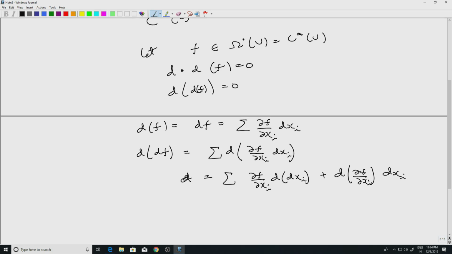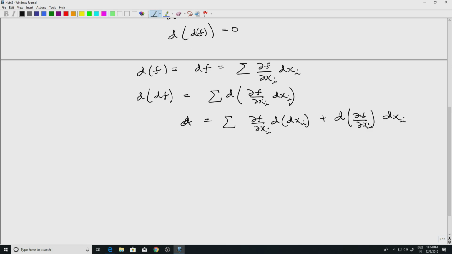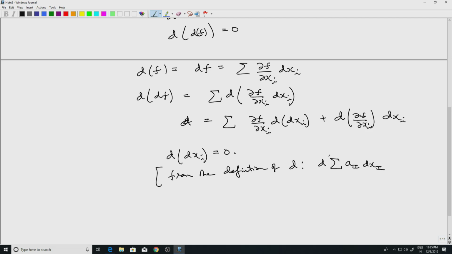Now, d of dxi is 0. This is simply because of the way we had defined d: any form can be written as the sum of ai dxi, and we said that d of this is the same thing as dai wedge dxi.